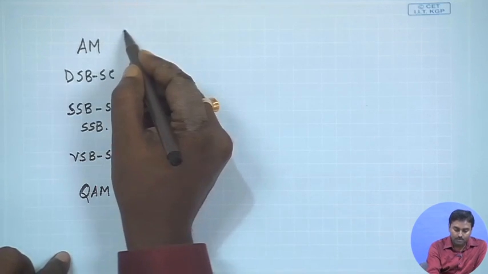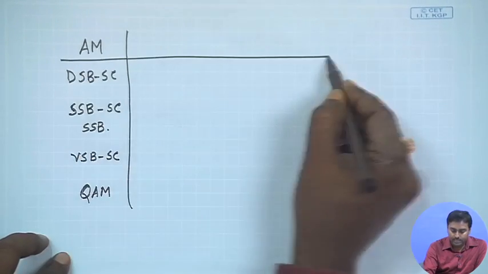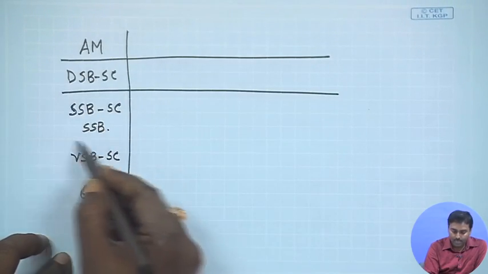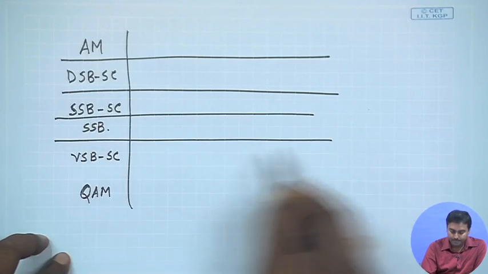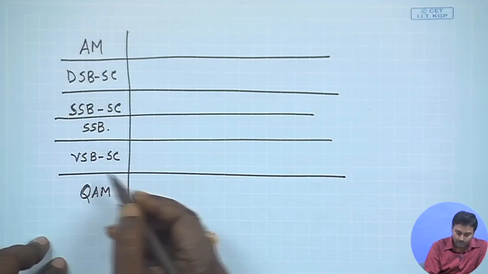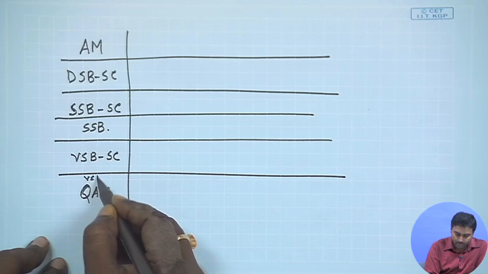Now, let us try to see where these things can be used. Of course, we can also have just VSB.